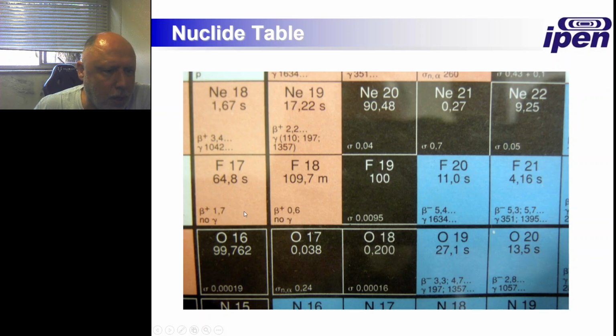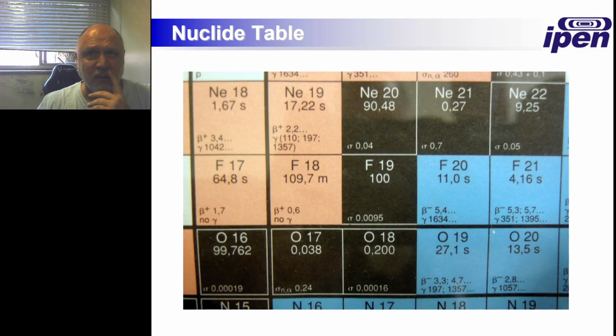Oxygen, we have 3 stable isotopes, but we have several other isotopes with shorter or longer half-life depending on the isotope, right? And then we have many other characteristics here, like the radiations they emit and nuclear cross-section, and we'll talk about that later. But that's essentially what a nuclear table looks like, looking from close, right?